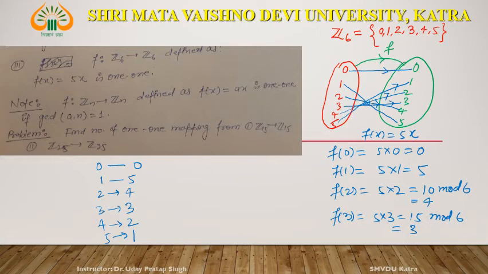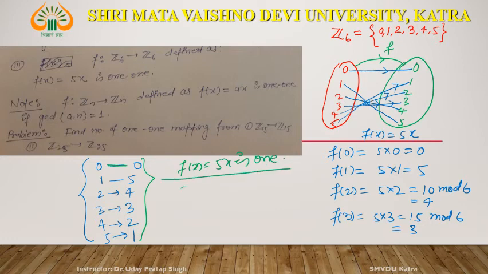See, every element of the domain has a different value in the codomain, sorry, has a unique image in the codomain. Then this f(x) equal to 5x is 1-1.